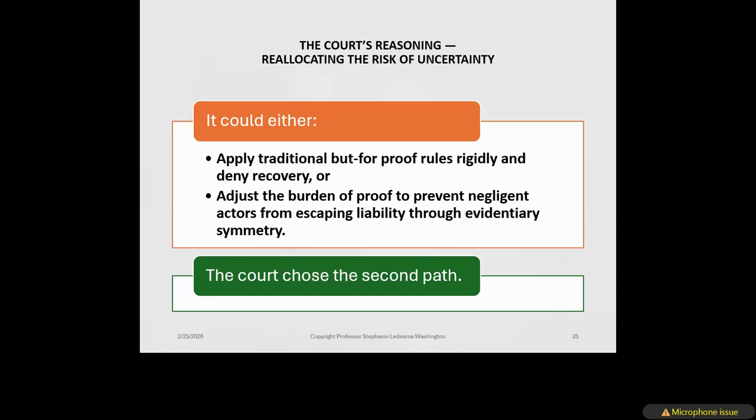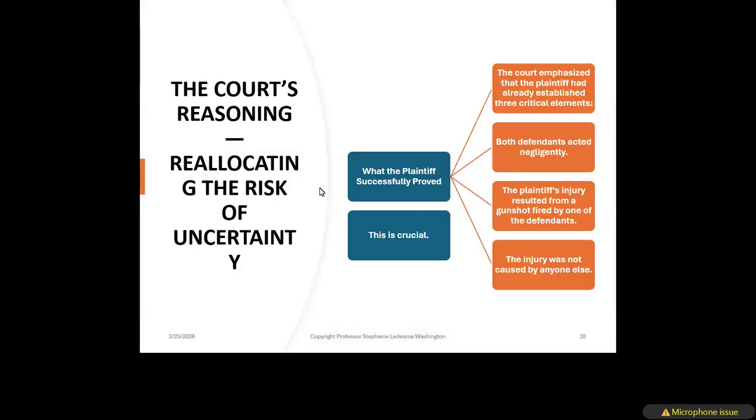Now, importantly, understand the court did not relax the requirement of causation. But what they did was they restructured the burden of proof. They did not relax causation. They restructured the allocation of the burden of proof. This is what the court relied on. These three critical elements.